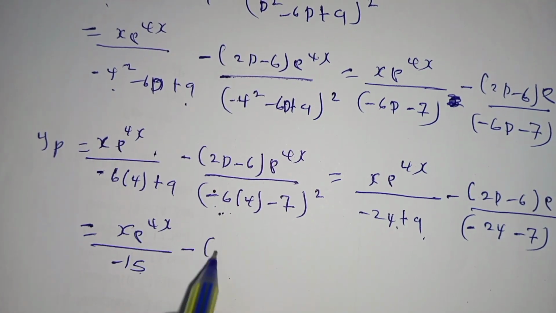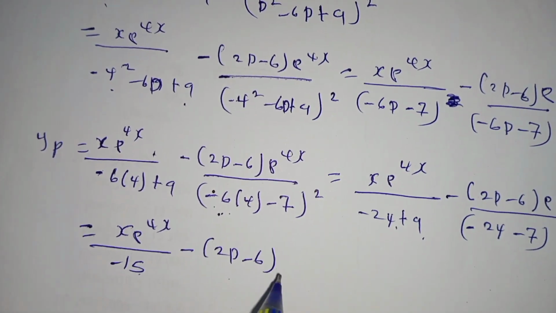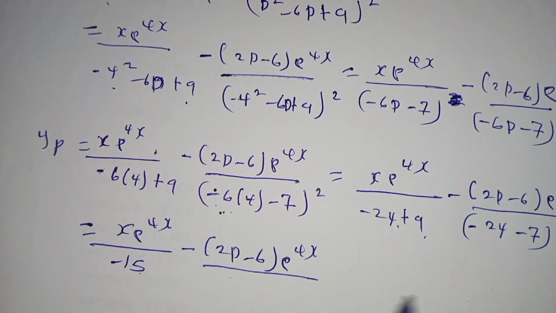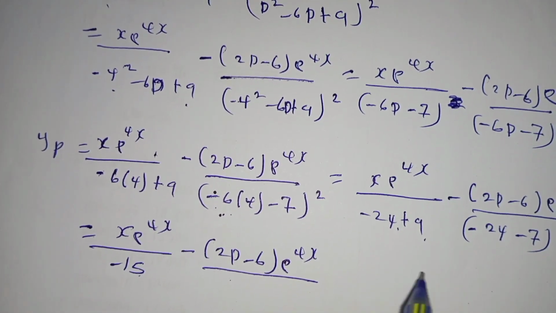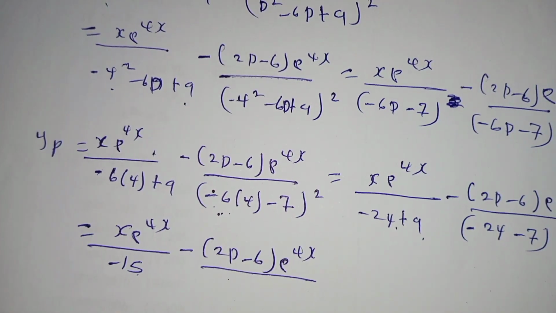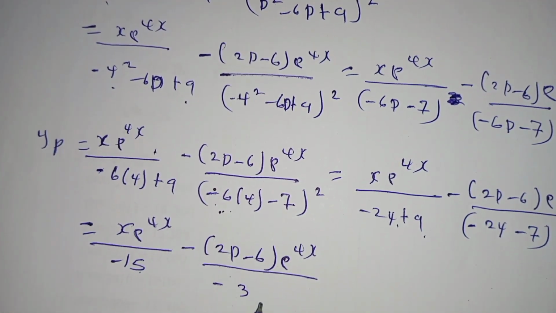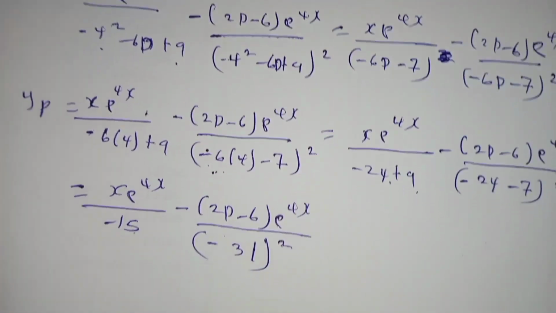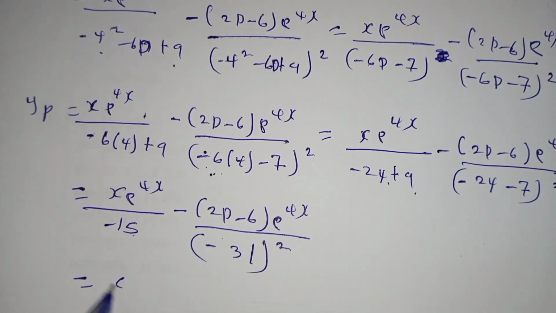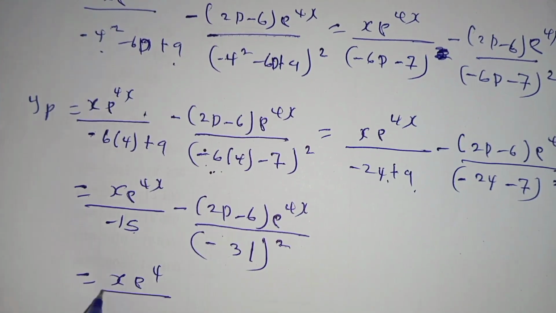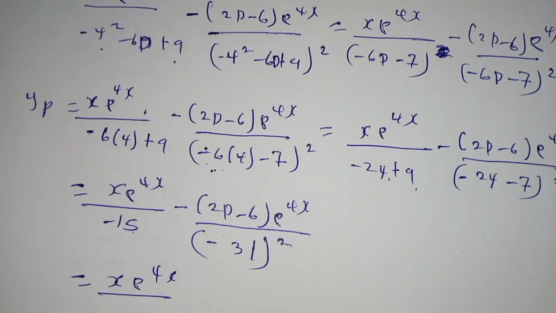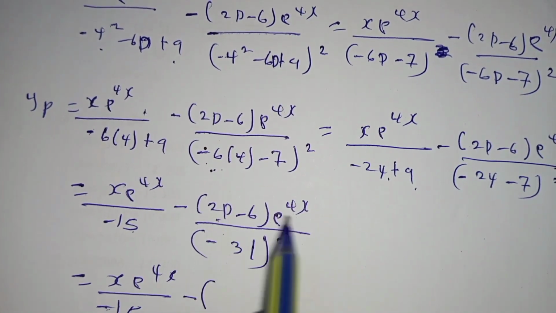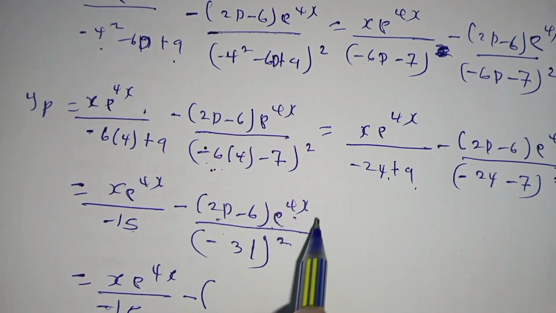then minus bracket 2d minus 6 exponential 4x all over. Here you are going to get that 1 minus that 1, you square this part, which is equal to x exponential 4x minus 15 minus bracket. This means you differentiate.